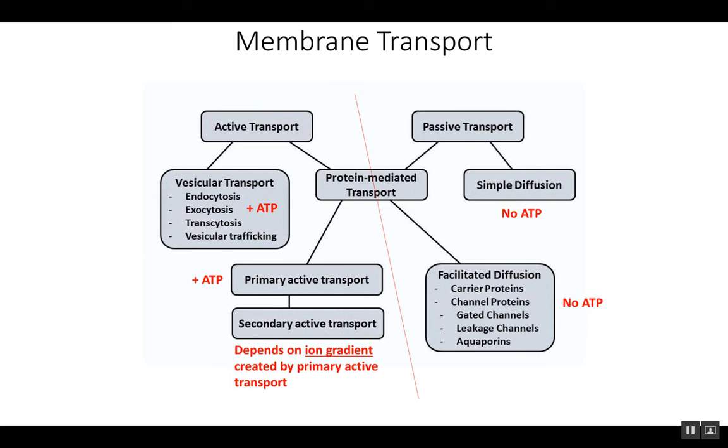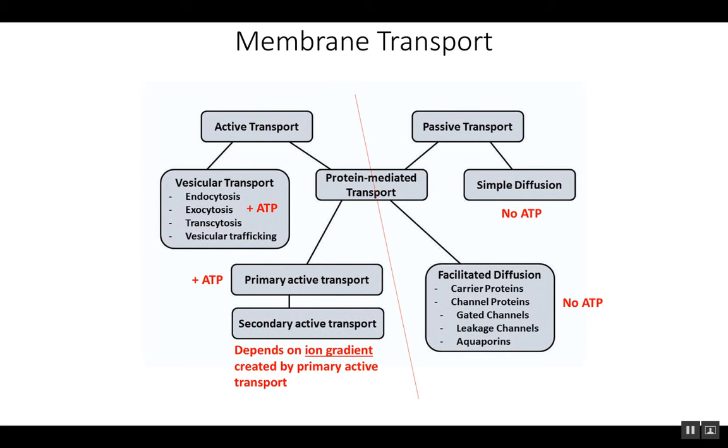We're not going to talk too much about secondary active transport, but secondary active transport depends on first establishing an ion gradient, then moving a different ion. The example is if we move sodium into a cell, that's called primary active transport.